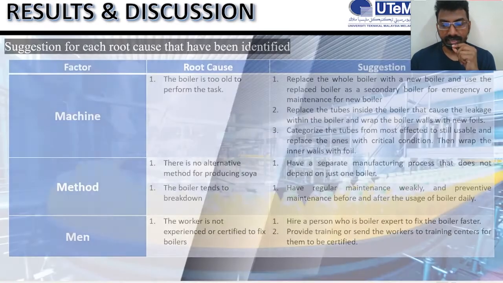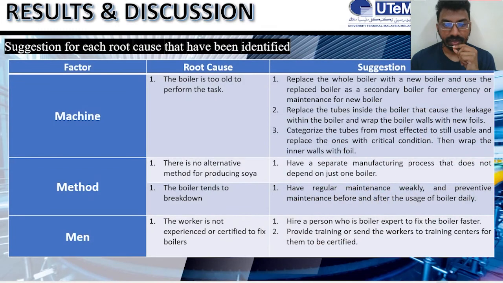Hence, based on these root causes identified from the Why-Why analysis, suggestions are now given as proposals for improvement of the selected equipment in this project. First, the machine is too old to perform the task, as there are leaks around the inner walls of the boiler.